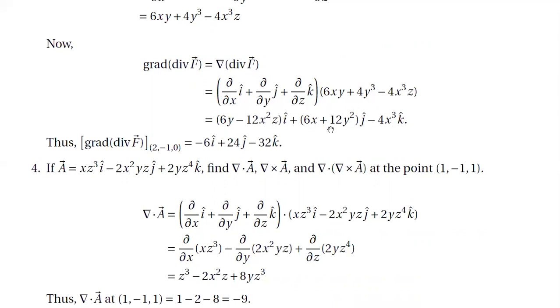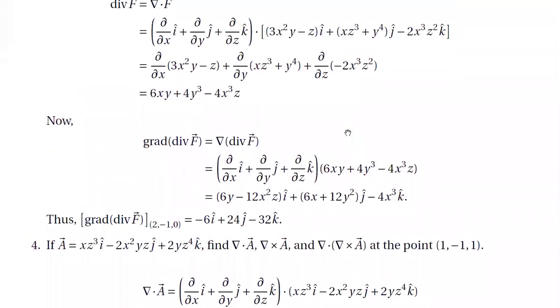So the next term is (6x plus 12y square) j. Then the last term, that is dou by dou z of the term over here multiplied with k. So dou by dou z of this term will be 0, this term will also be 0, and here you get minus 4x cube k. So gradient of divergence of vector f or del of divergence of vector f is equal to this term here.